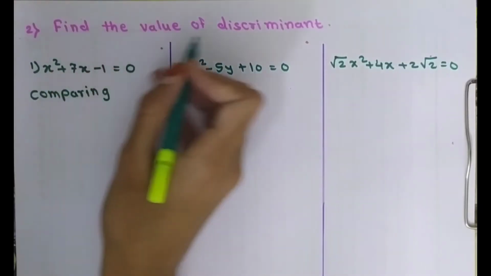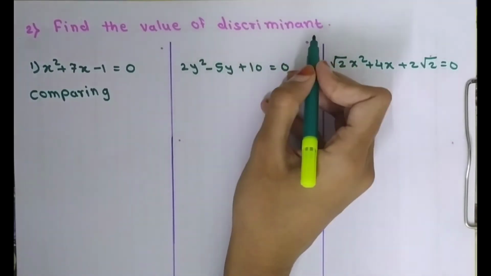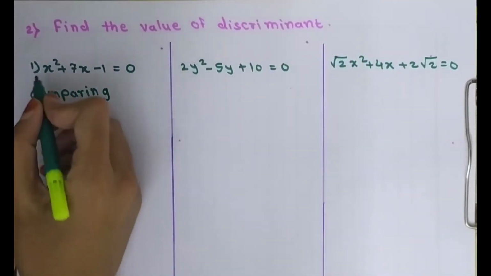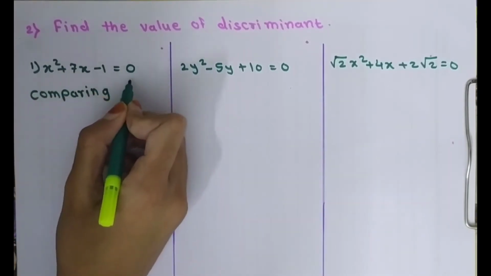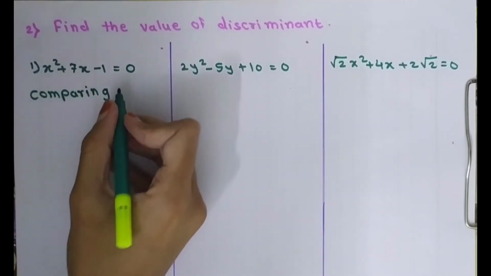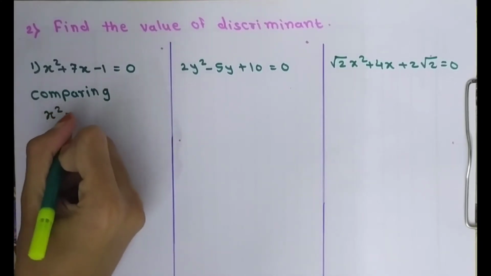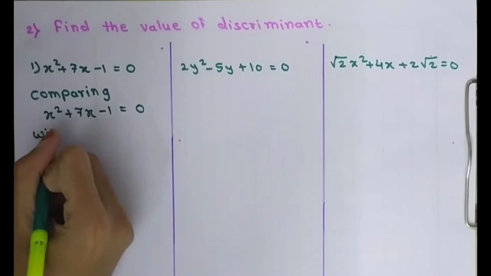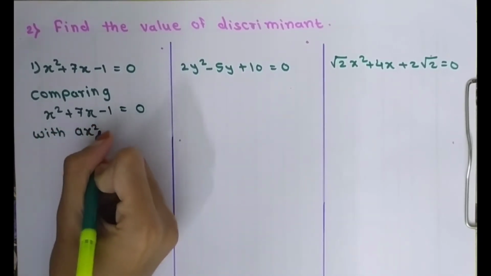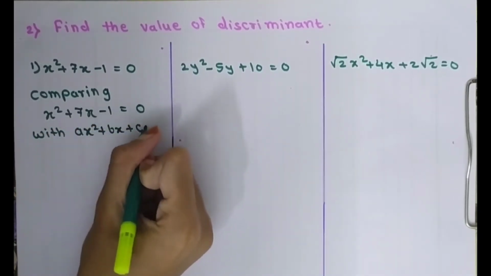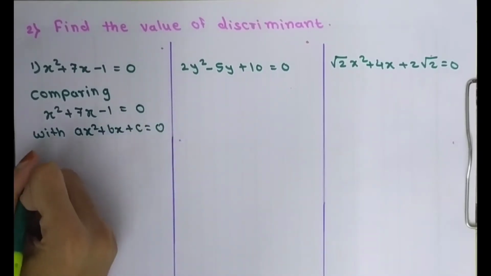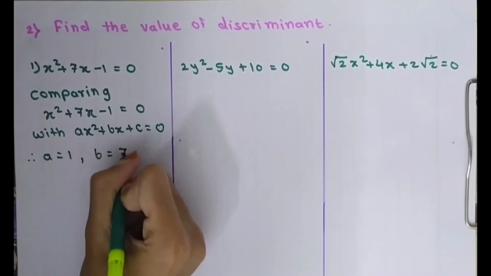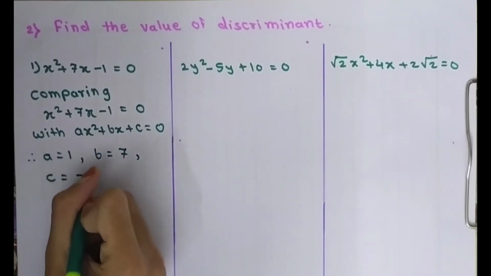Question number 3. Find the value of the discriminant. Discriminant means b square minus 4ac. The first equation is x square plus 7x minus 1 is equal to 0. Comparing this with ax square plus bx plus c is equal to 0, a is equal to 1, b is equal to 7 and c is equal to minus 1.